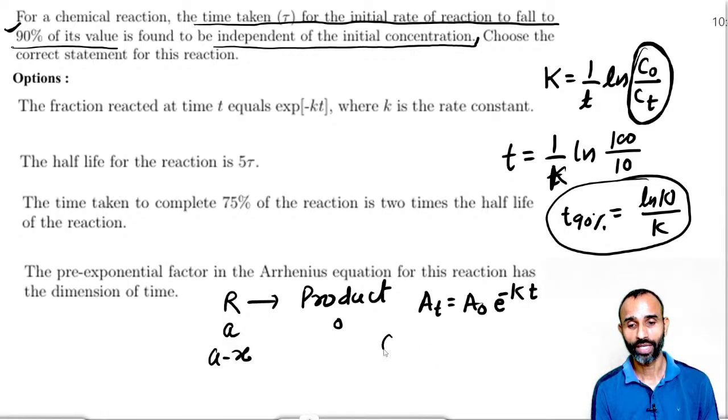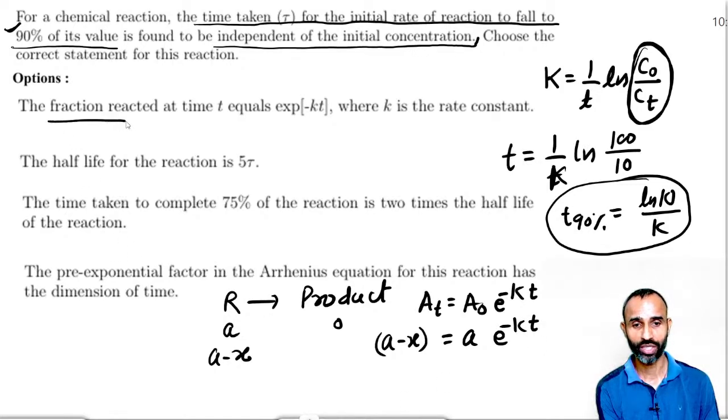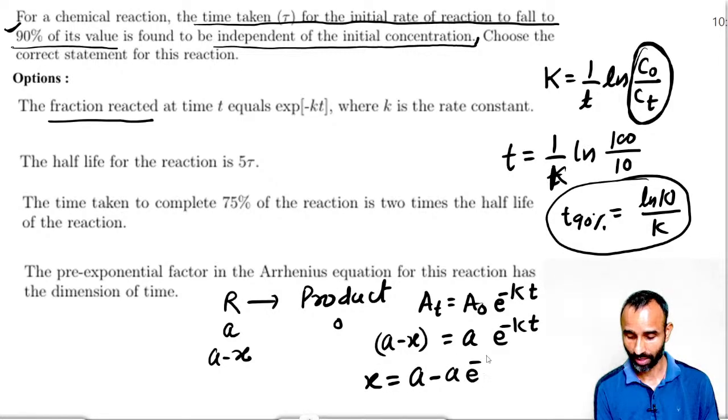So the fraction reacted, that is X, is equal to A common 1 minus e raised to power minus Kt.